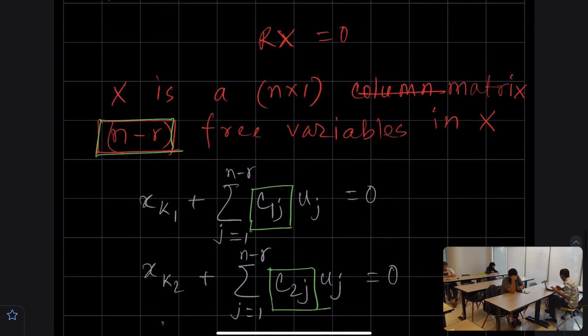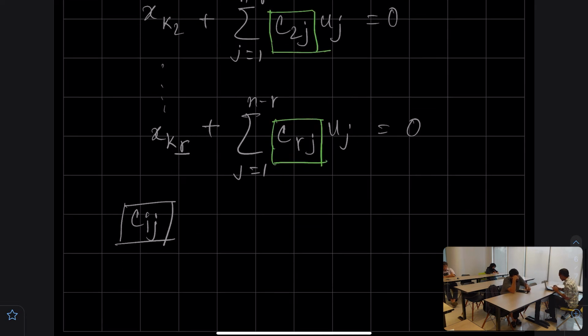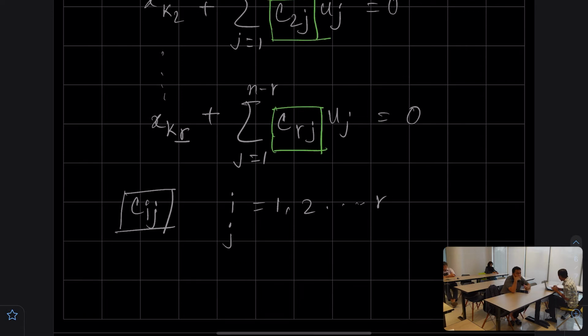For cij, i runs from 1 to r, and j runs from 1 to n minus r.